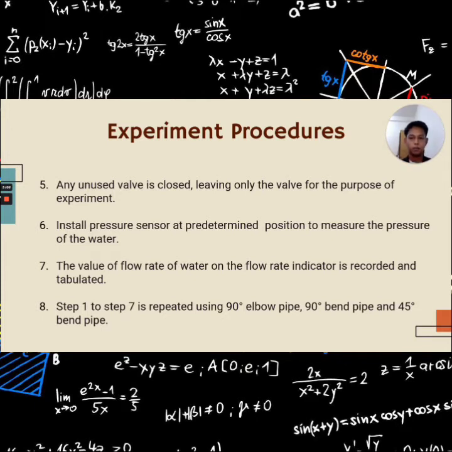The value of the flow rate of water on the flow rate indicator is recorded and tabulated. Lastly, step 1 to step 7 is repeated by using the 90-degree elbow pipe, 90-degree bend pipe, and 45-degree bend pipe.